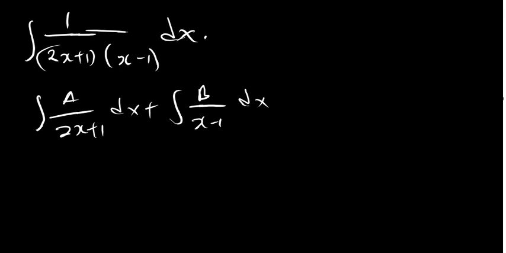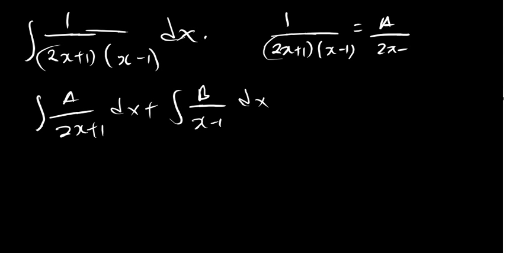Okay, so now what are we going to do? We have 1 over 2x plus 1, and I can just put them in brackets, x minus 1, equal to a over 2x plus 1 plus b over x minus 1.